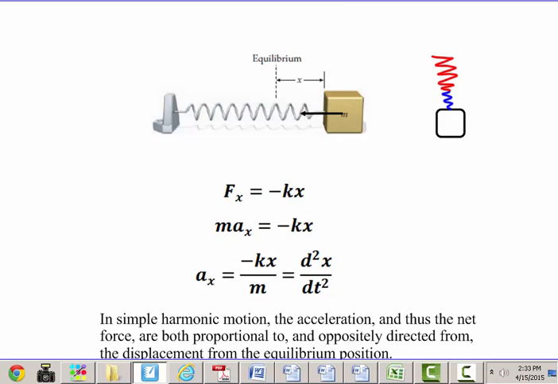If I draw a free body diagram of that, then you will have mass times gravity coming down, and the force coming up is going to be k times x.